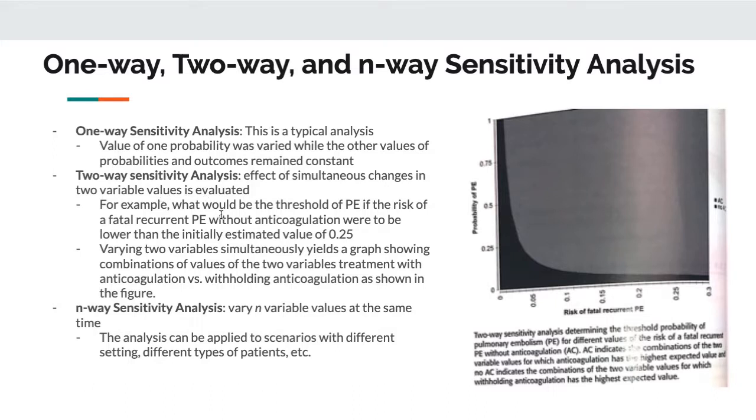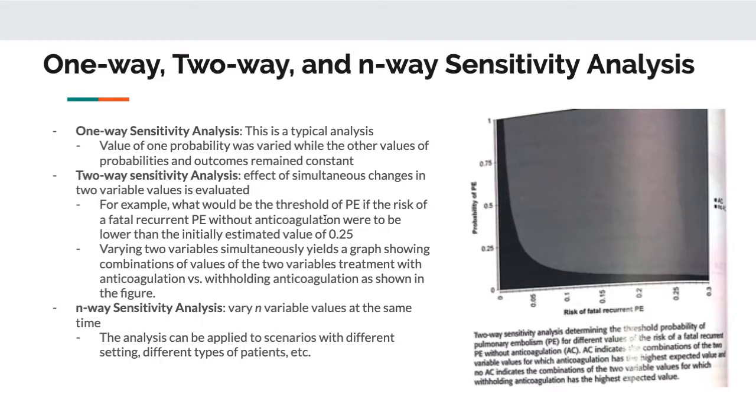An example here is: what would be the threshold PE if the risk of the fatal recurrent PE without anticoagulation were to be lower than the initially estimated value of 0.25? So in our example before, in lecture 2, we have the PE equals 0.19 and the fatal recurrent PE equals 0.25.